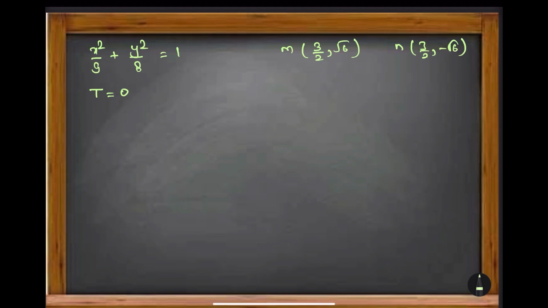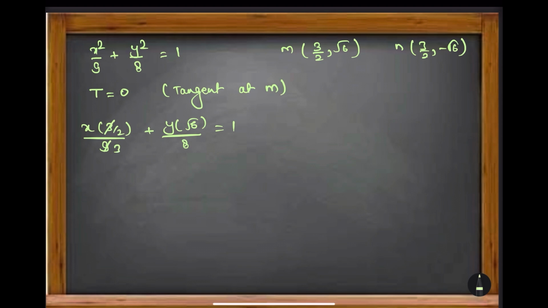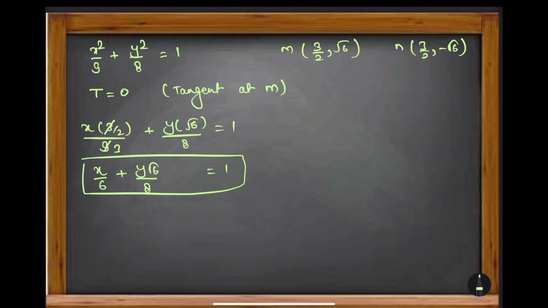So I am talking about T at M. Okay, so it is tangent at M. So x1, 3 by 2 by 9, plus y1 by 8 equals to 1. Okay, so it is 3 3. So it is x by 6 plus y root 6 by 8 equals to 1. So we got our first tangent.